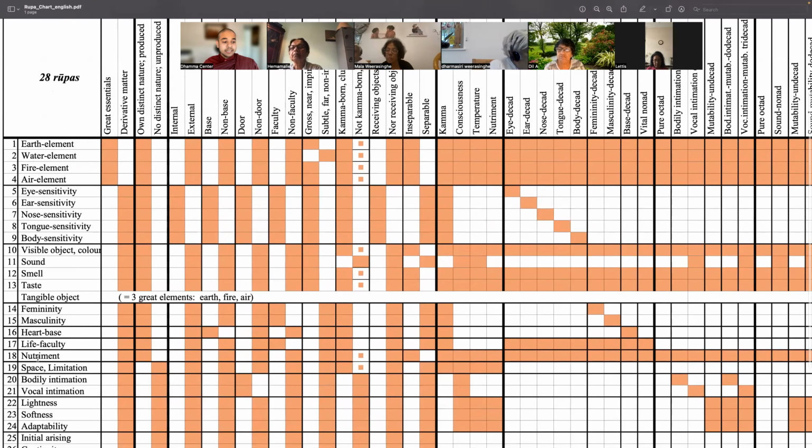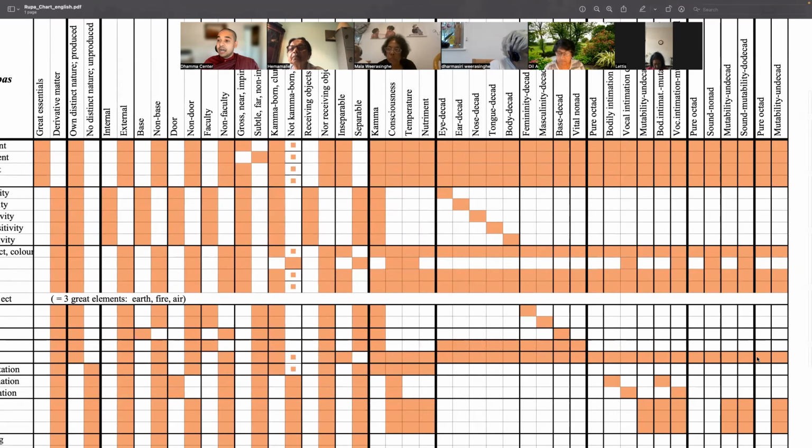See, number 18, nutriment, and you go all the way down to the last, which is aharaja rupas, the pure octad and mutability undecad. You find that is a nutriment that arises when we eat, because of foreign substance.